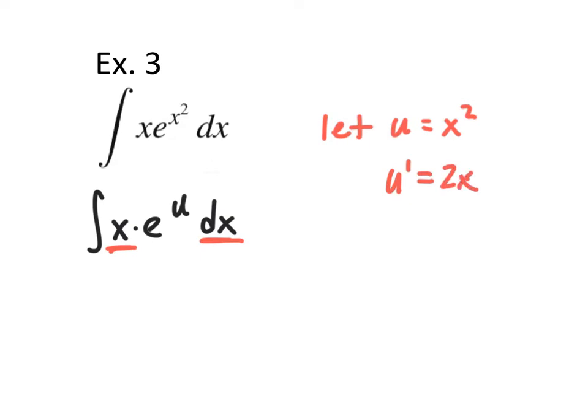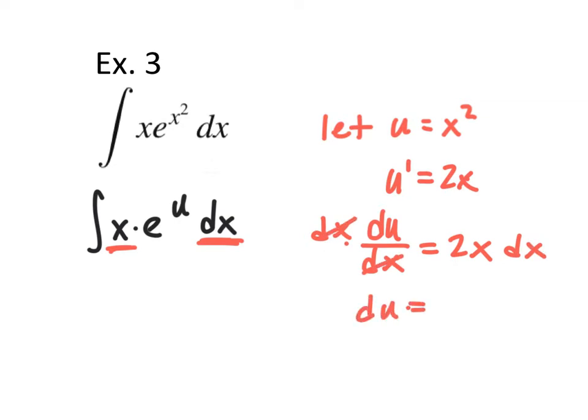I want to write it using differentials like dx. So I'm going to write this as du/dx is equal to 2x. Now I'm going to move my dx to the other side. That goes away, and so we get that du is equal to 2x dx.